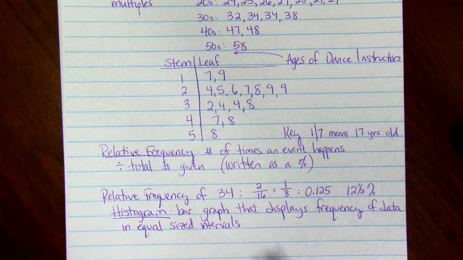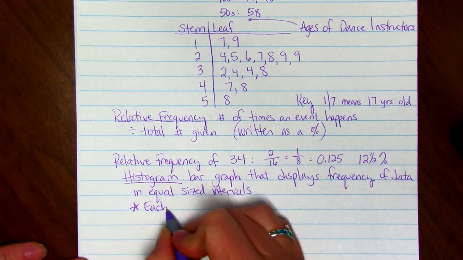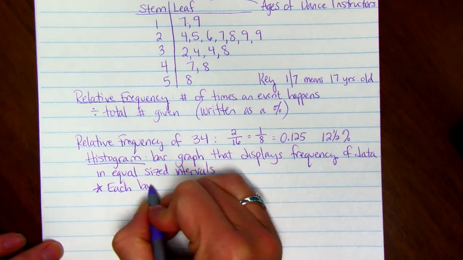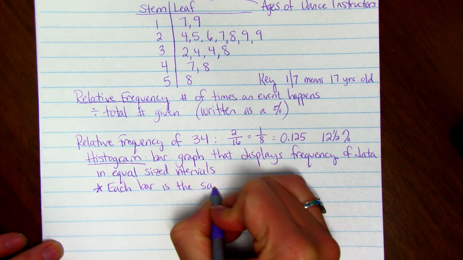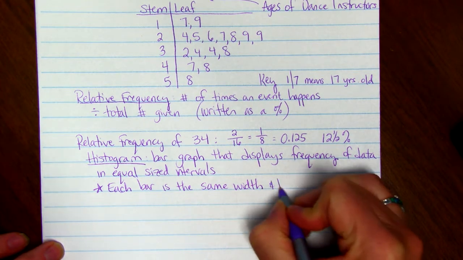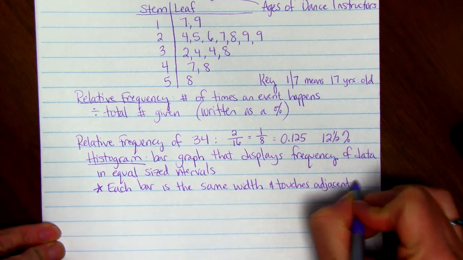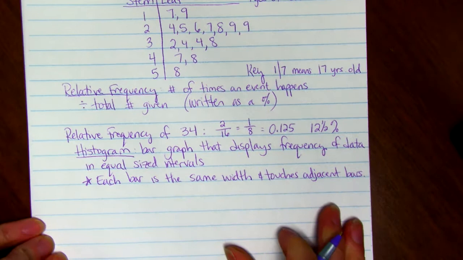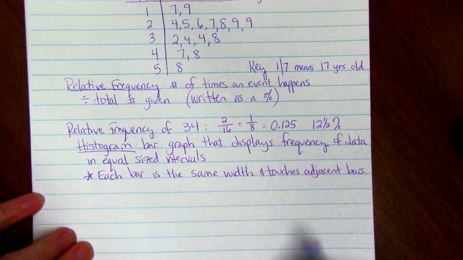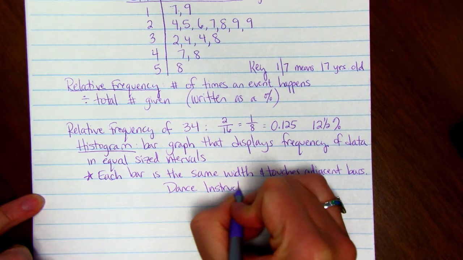So each bar has to be the same width and it touches the adjacent bars. So we're going to draw a histogram, dance instructor ages.